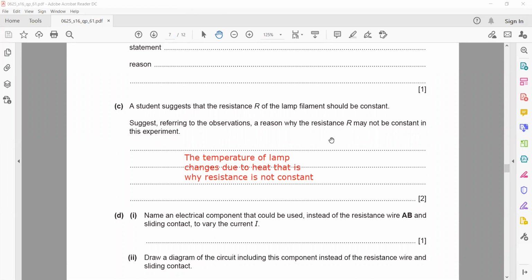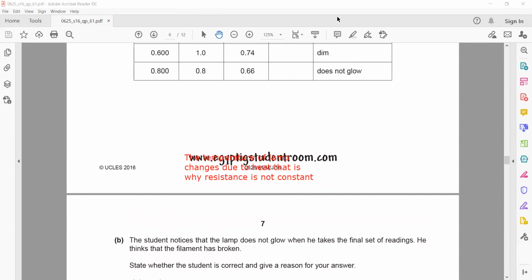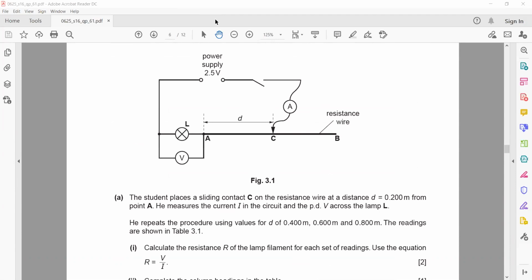Increase in length increases the resistance, Salman. But in this question, this is not the lamp, this is a metal resistance wire. When we use a longer wire, its resistance changes, but we are not talking about the resistance of this wire. We are talking about the resistance of the lamp.